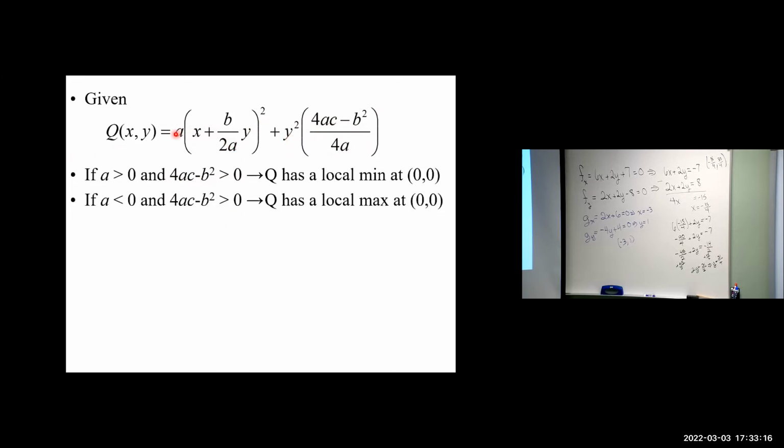If a is less than 0, so now a is negative, that'd be concave down in the x direction. And we had this 4ac minus b squared positive, but it's being divided by a negative, so positive over a negative is negative. That means concave down in the x and y direction, and we get a local max.